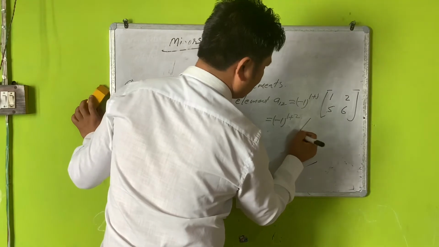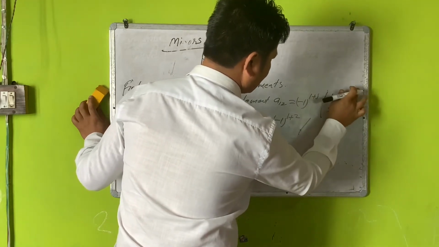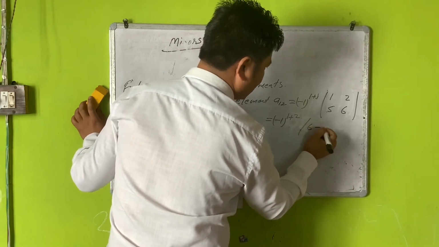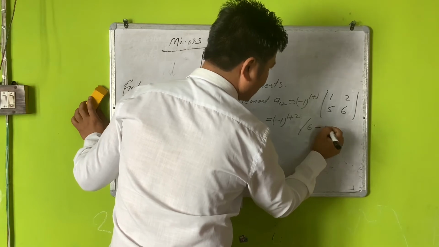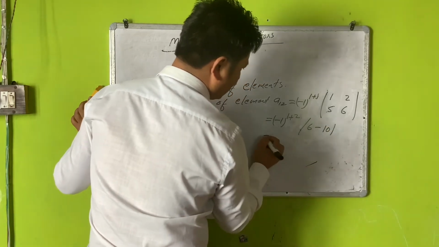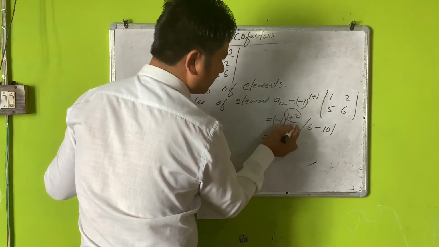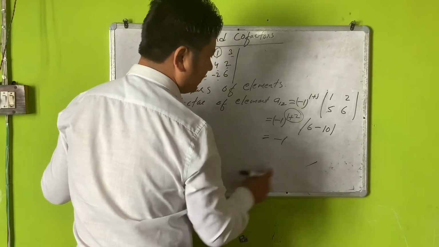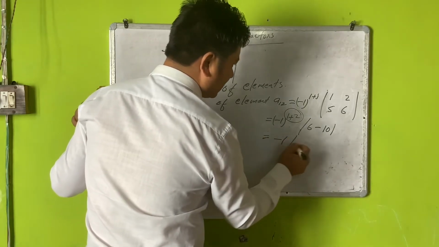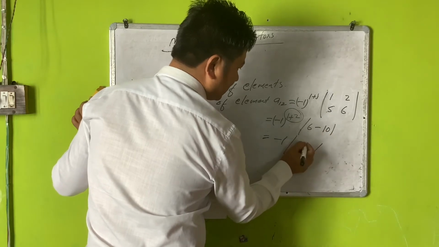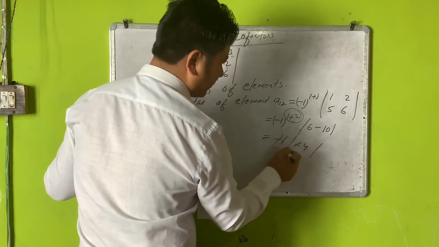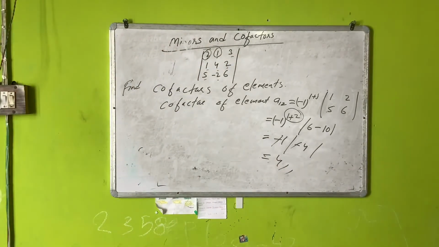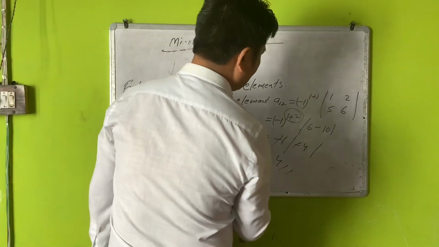So 6 into 1 is 6, minus 5 into 2 is 10. The sum i plus j is 3, an odd number, so we get -1. If it is odd the sign is minus, if it is even the sign is plus. So -4 with the minus sign gives 4. 4 is the cofactor of element A12.